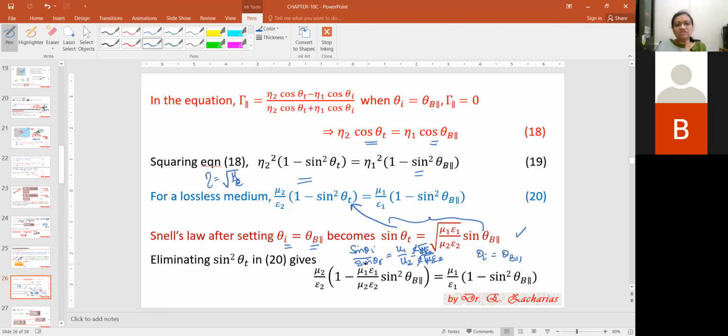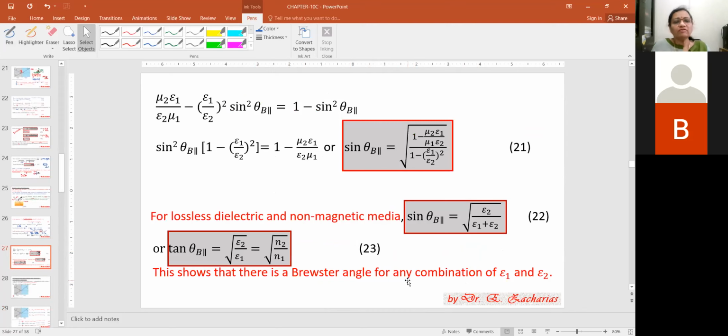When you get rid of sine theta t, you will get a pure equation in terms of Brewster angle. So you can guess what I'm trying to do. Finally, I'm writing an expression for the Brewster angle. The expression for Brewster angle will look quite compact.